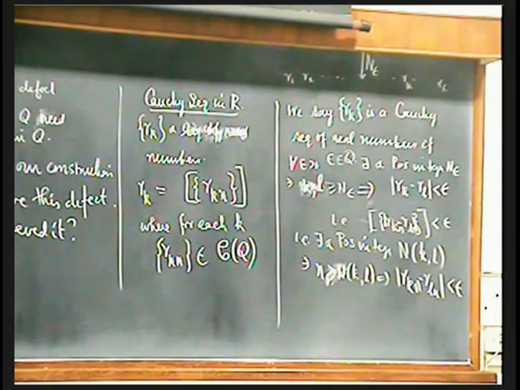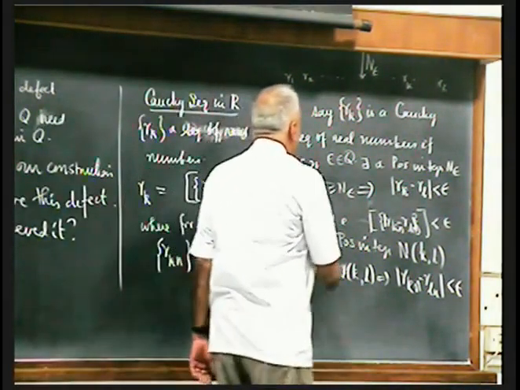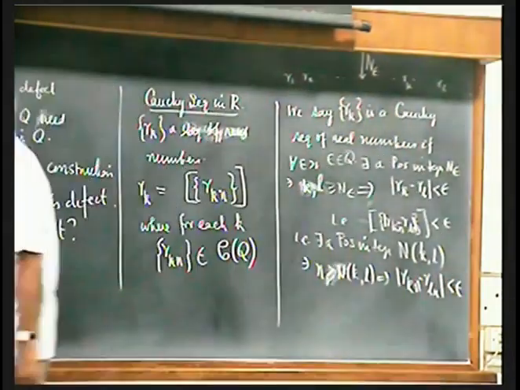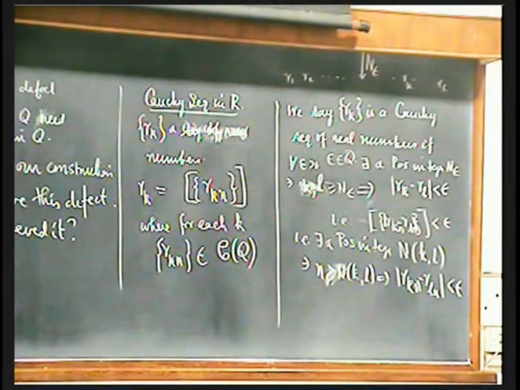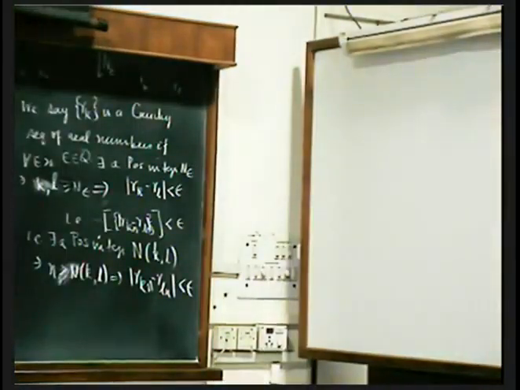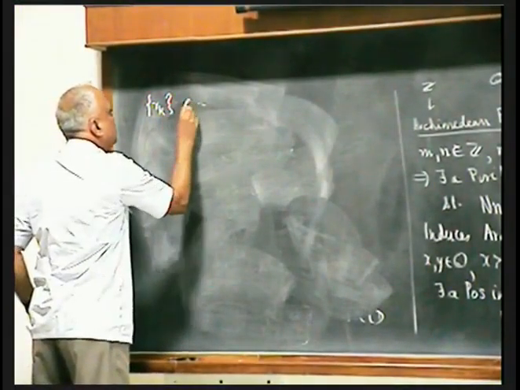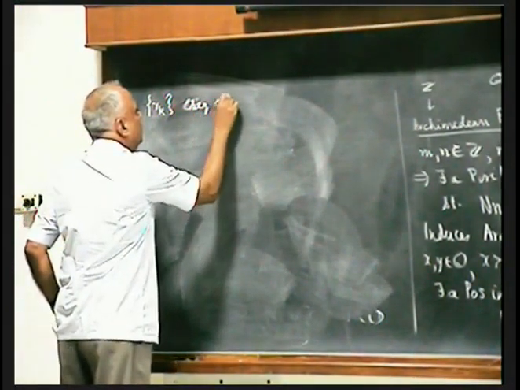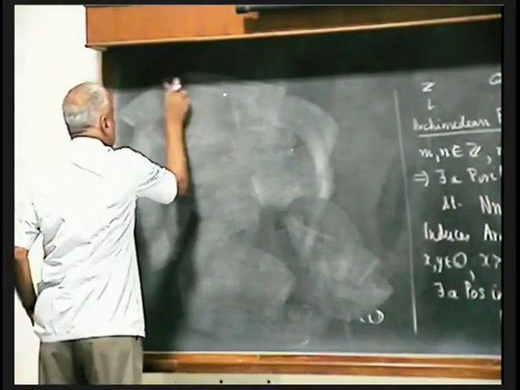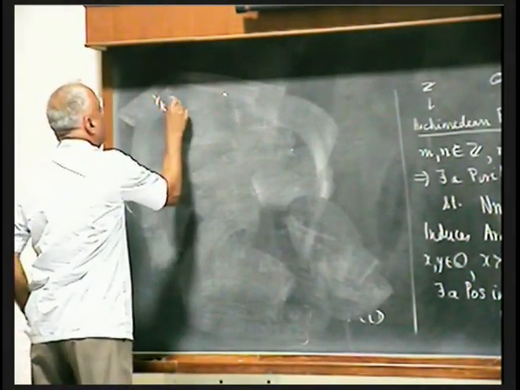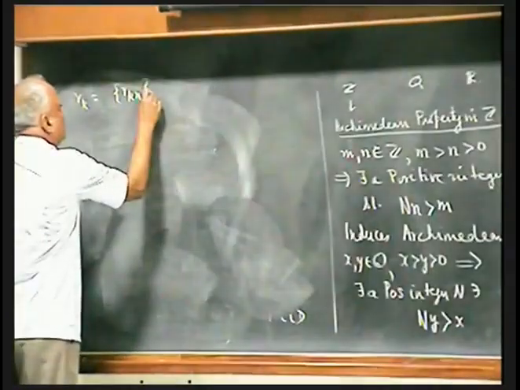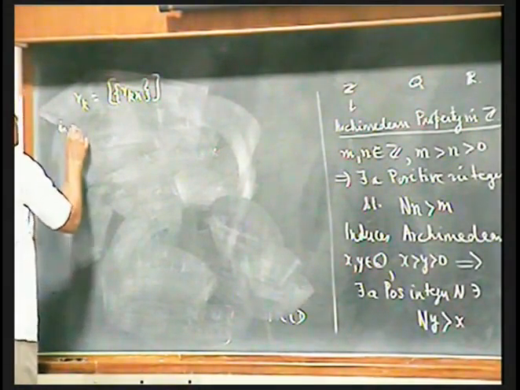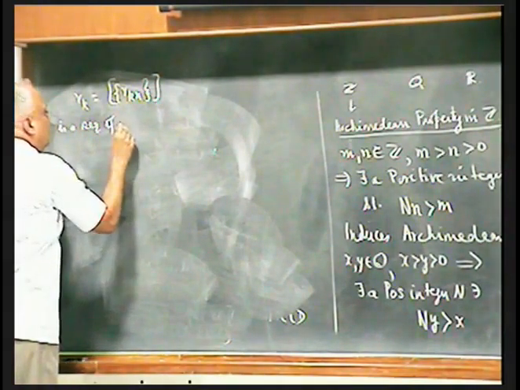So what is the formal definition? Let's write it. It's said to be a Cauchy sequence. So this is the formal definition. Rk equal to Rkn is a sequence of real numbers.